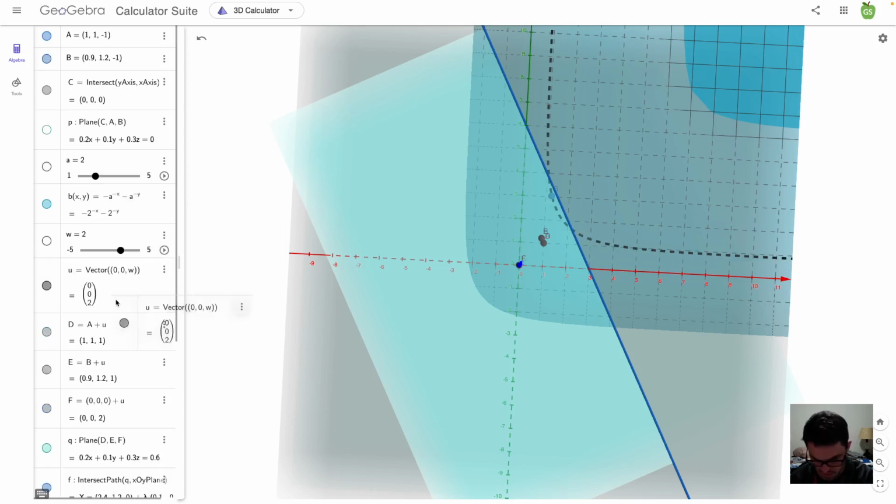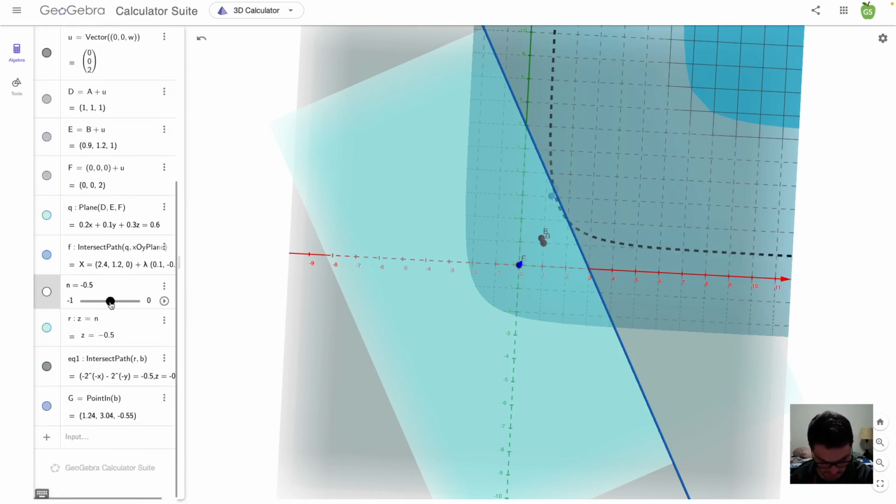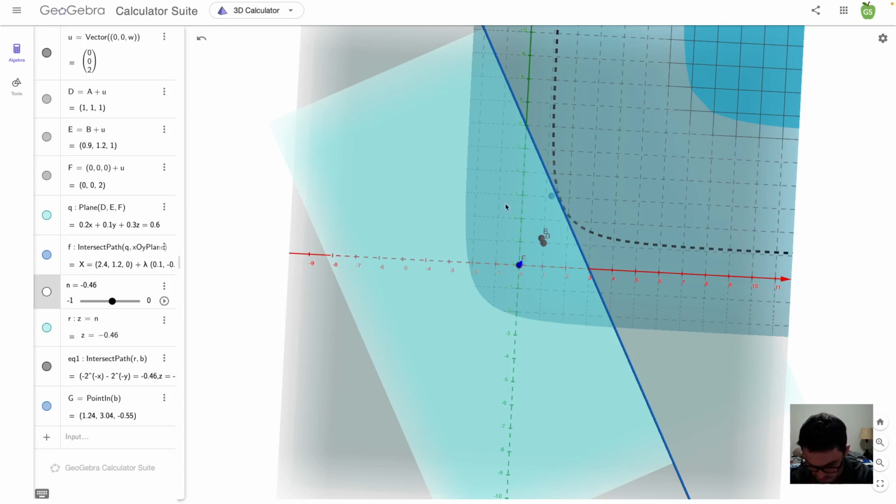Now when we intersect, that looks about there. So now we're here. You can see how we moved away. We were here when we were more neutral towards risk, when we weren't as worried about it. Now we are more worried about risk, and all of a sudden we're over here.